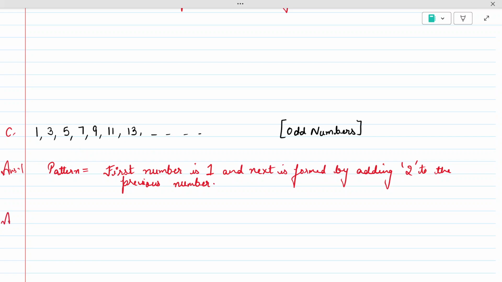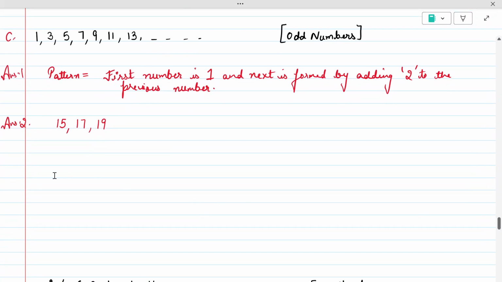And we have to find the next 3 numbers of this sequence. So this is 13 plus 2, 15, 15 plus 2, 17, 17 plus 2, 19. This is the first part of this question, and next part is the rule. So kids, what is the rule? It is simple.